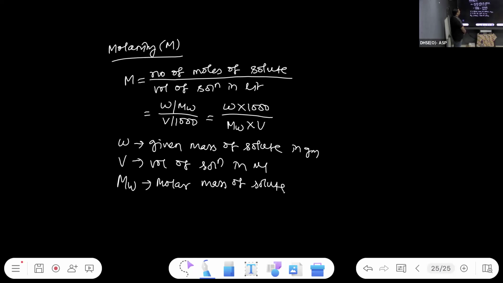Quickly note it, students. We divide by 1000 because volume is taken in milliliter. If volume is not in milliliter, then the corresponding mass must be converted to gram. So W, the given mass of the solute in gram, divided by molar mass gives the number of moles, all divided by volume in liter, V upon 1000.